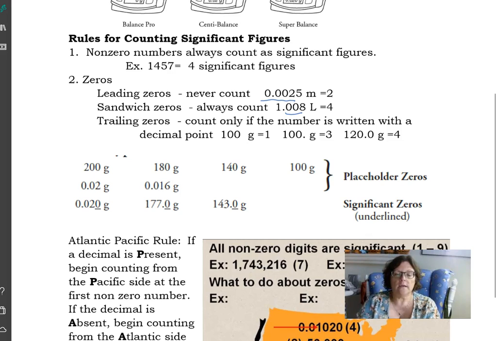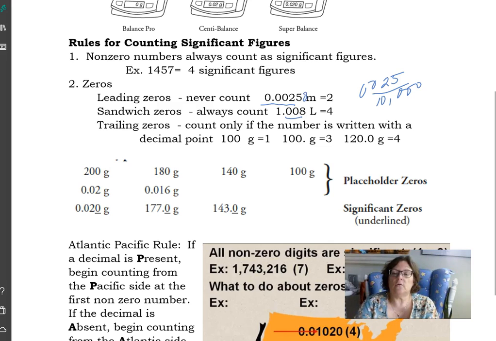Why is this? Well, if you rewrite 0.0025, that's 25 out of 10,000. If you were going to write that out as a fraction, these zeros don't make any difference whether they're there or not. If I'm going to do this, though, 250 out of, somehow I changed my pen.